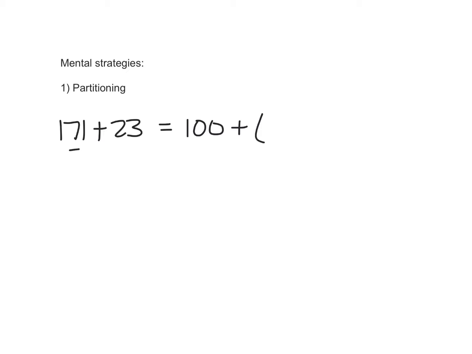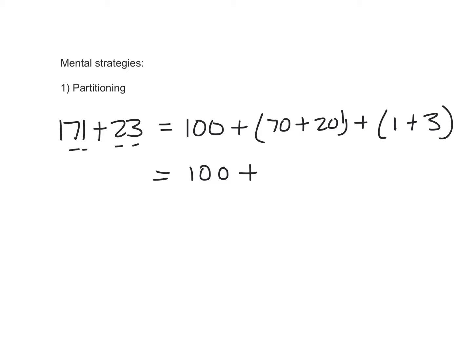Well, I've got 7 there and I've got 2 there, so that'll be 70 plus 20 plus my 1s. So it'll be open brackets 1 plus 3. So I can then work out that that would be 100 plus 70 add 20 would be 90, plus 1 plus 3 is 4. So my answer then would obviously be 194.